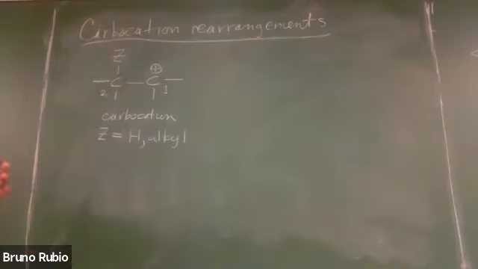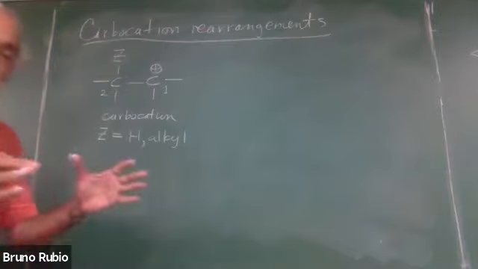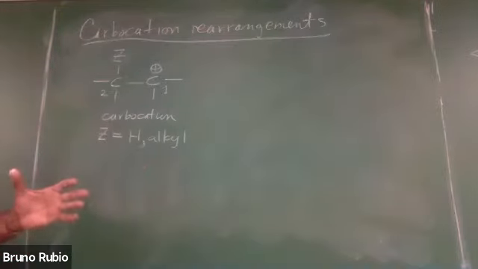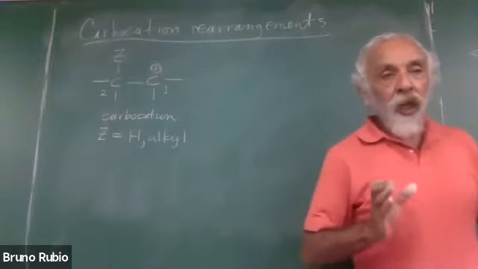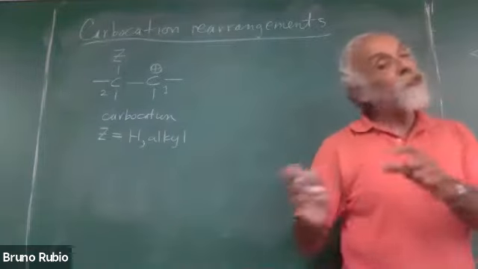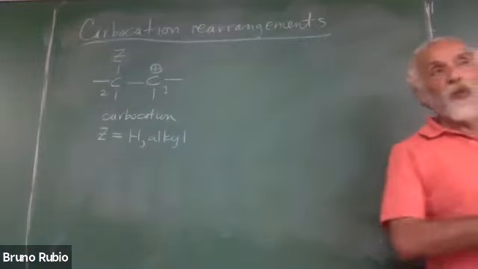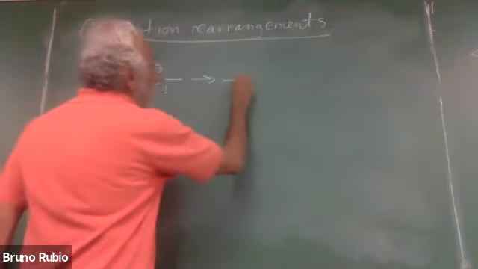group. So, in a carbocation rearrangement, something, Z, pulls out of carbon 2, migrates over to carbon 1, plugs into carbon 1, and the charge moves in the opposite direction from 1 to 2. Okay, so I'm going to picture all of that.